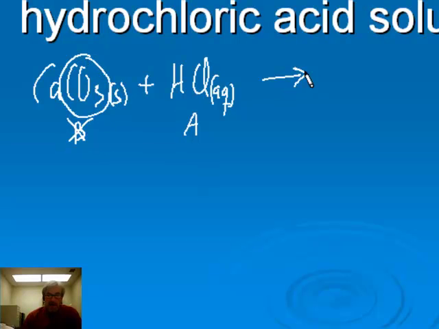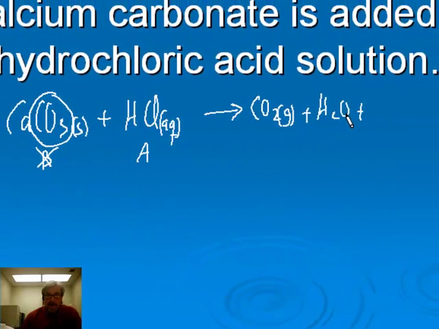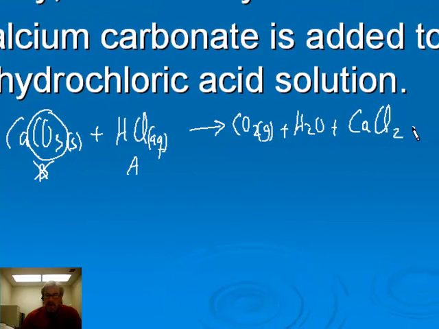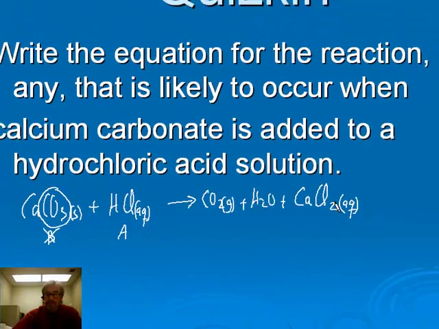And when carbonates react with acids, they give you CO2 gas and water and a salt. And the salt's going to be the cation from the carbonate, which is calcium 2+, and the anion from the acid, which is Cl1-, so CaCl2. Lower halides, like chloride, are almost always soluble, with a few exceptions, and so that's AQ.